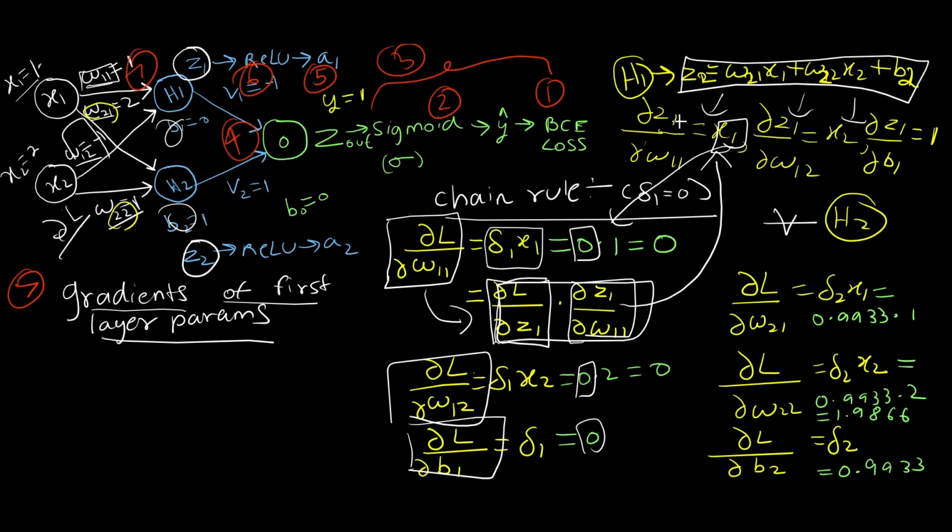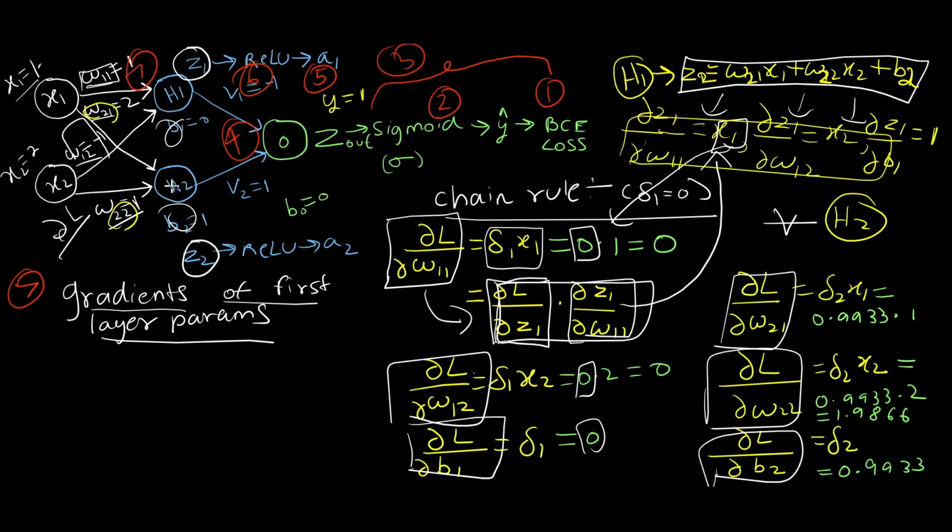Similarly we'll have partial derivatives of this. At the end, for neuron 2 we're going to find these 3 partial derivatives, these 3 gradients, which are the weights and the bias associated with the second neuron of the hidden layer.